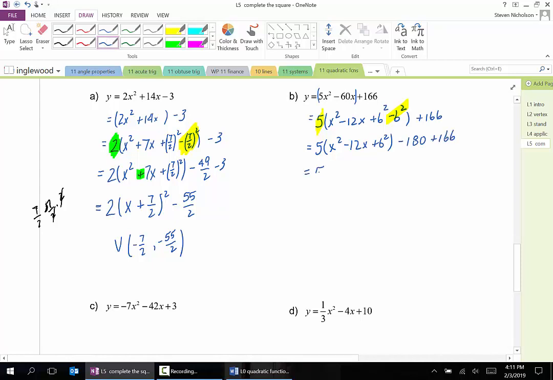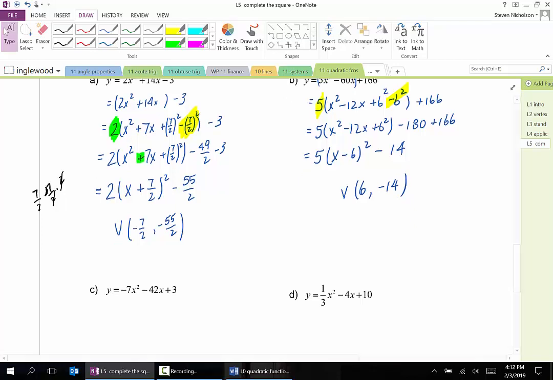And then finally, we complete the square and collect our like terms, and our vertex is going to be 6 comma negative 14. So we've gone from x squared by itself to a number in front of x squared, and we have to factor it out.